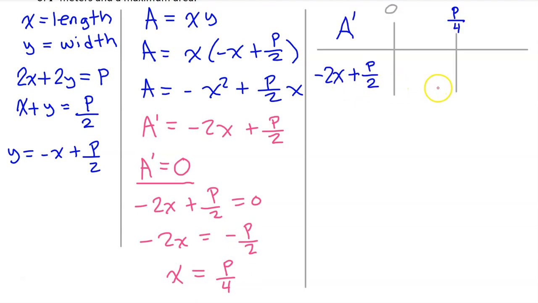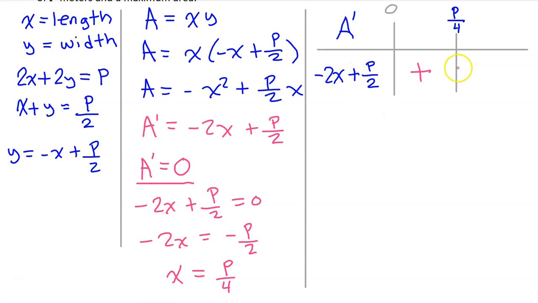So here's my A prime sign chart with my only factor and my one critical value. If I pick a value for x between 0 and P over 4, I'm going to get a positive number. To see that, if you go to the extreme and put in 0 right here, it leaves you with a positive P over 2.